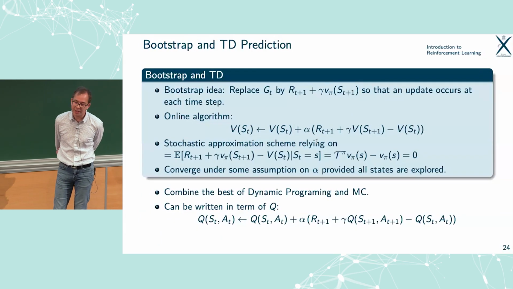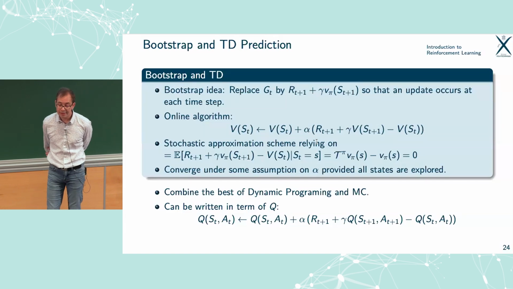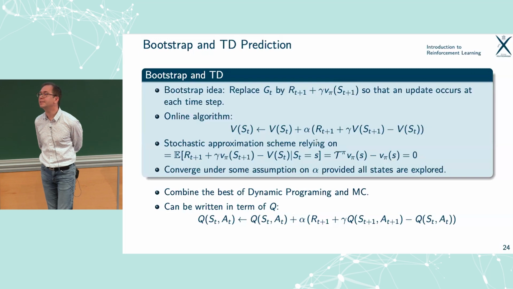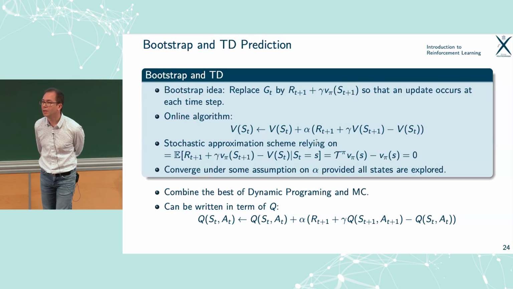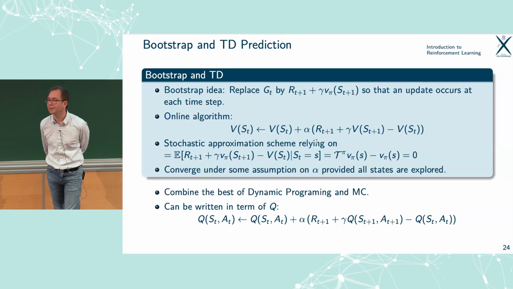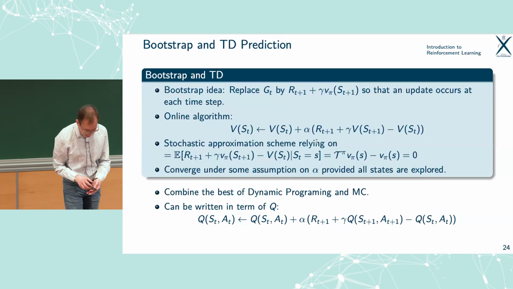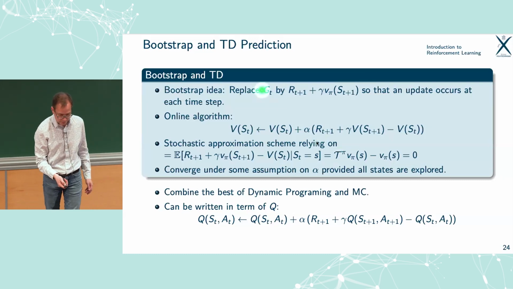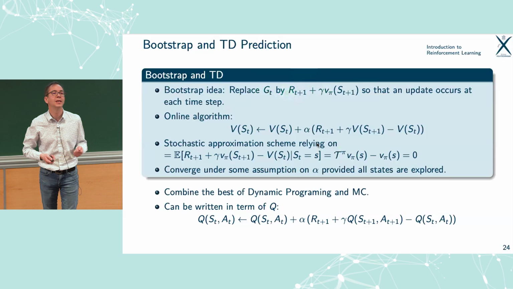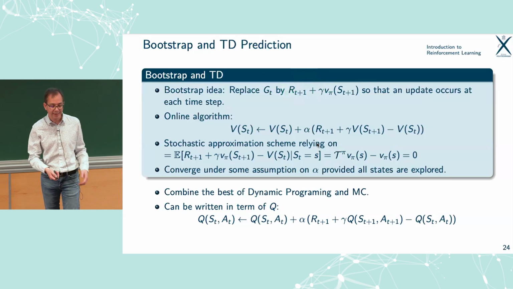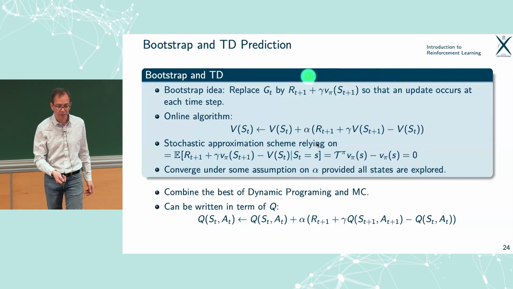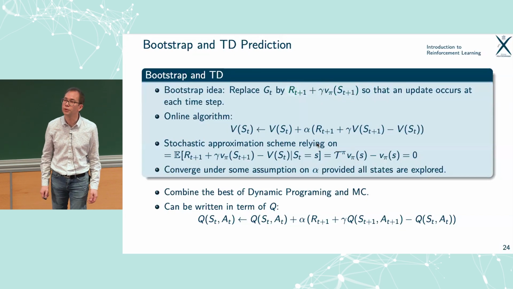And there is a naive idea that's going to work. That is to replace the gain by an estimate of the gain. We're going to do some kind of bootstrapping, the idea of using an estimator to enhance itself, by replacing the gain in the future by the immediate gain plus an estimate somehow of the gain in the future.